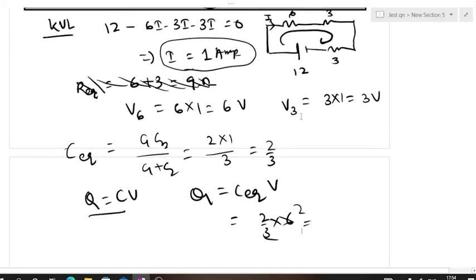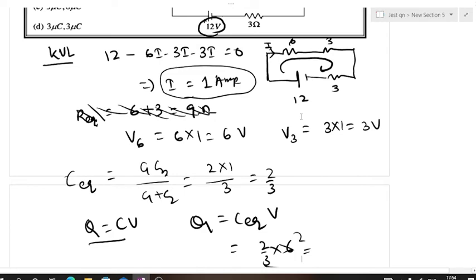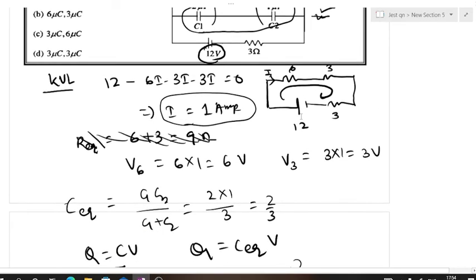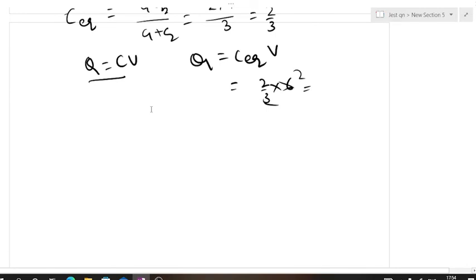We have to take R equivalent also. So R equivalent is equal to 6 plus 3 is equal to 9. So this will be 9. This is 2 into 3 is equal to 6 volt.